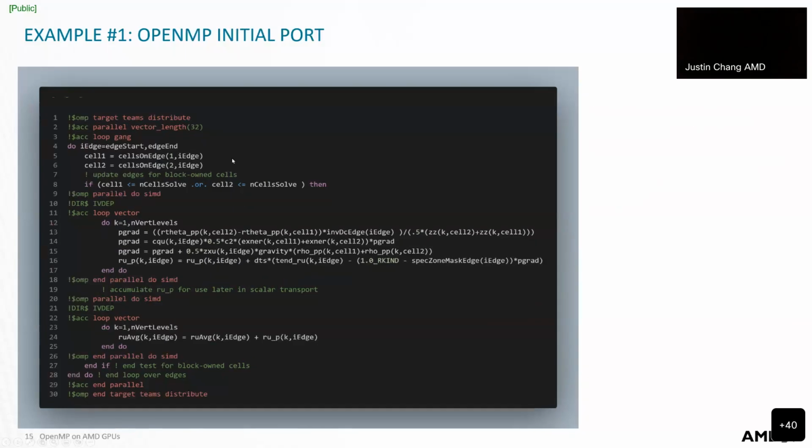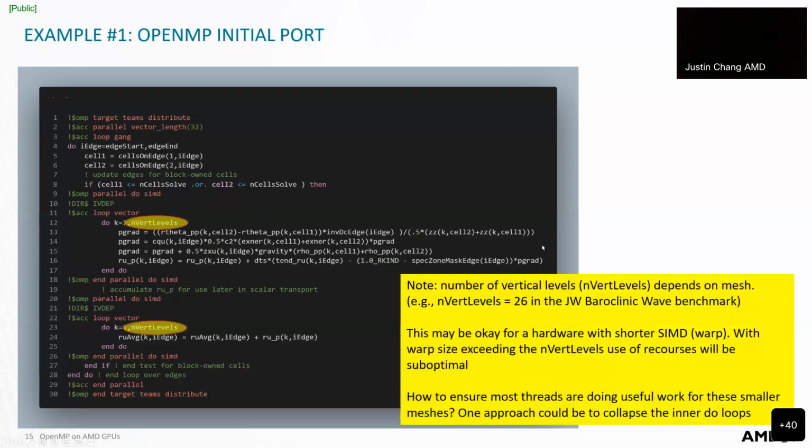In this example we have introduced OpenMP target teams distribute, and we also introduced the OpenMP parallel do SIMD. The target teams distribute matches anything that says ACC loop gang, and for anything that says ACC loop vector, we introduce the OMP parallel do SIMD. We introduce this into this first example. This is what we call the initial port.